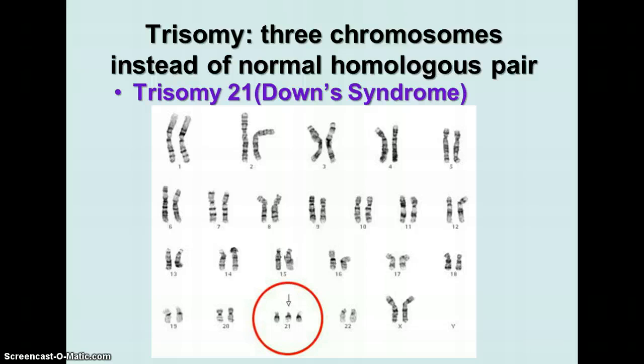When you end up with 3 copies of a chromosome, that is called trisomy. You have 3 chromosomes instead of the normal pair of homologous chromosomes. An example of trisomy is Down syndrome. This is trisomy 21 because there are 3 copies of chromosome number 21. As you know from your personal knowledge of people with Down syndrome, this causes various kinds of physical as well as mental characteristics.